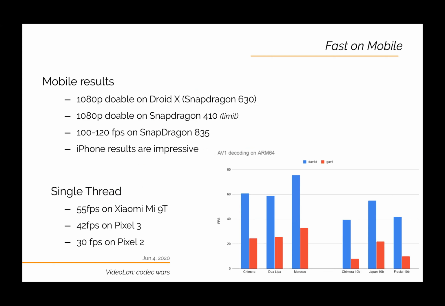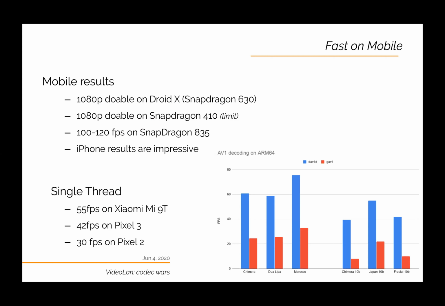And of course, that's stretching the point a bit, but on the Snapdragon 410, which is much older and also lower range, you can do 1080p 40. And if you start to have the high chips from 2 or 3 years ago, like the Snapdragon 835, we're talking about 100 FPS on a mobile phone, and we are not maxing the CPU at all.